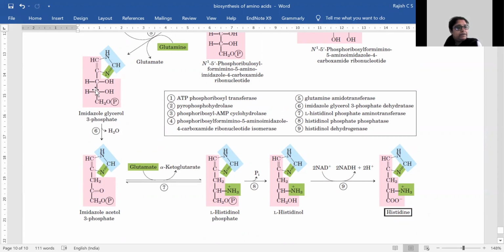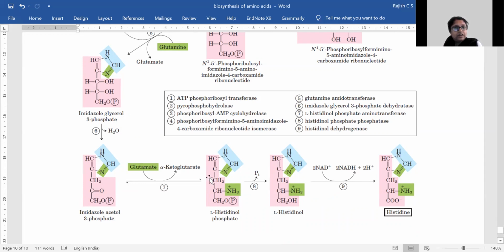So finally this will form a double bond O, and there is an electron rearrangement happening, which will lead to this becoming a double bond O, and this becoming CH2. So this removal of water ends up with imidazole acetol 3-phosphate.